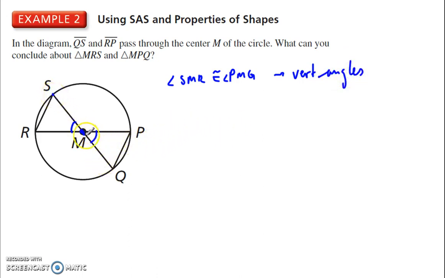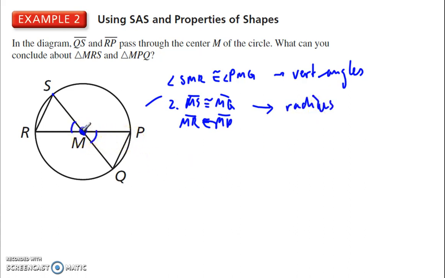We know that MS is congruent to MQ, and MR is congruent to MP because they are all the radius.